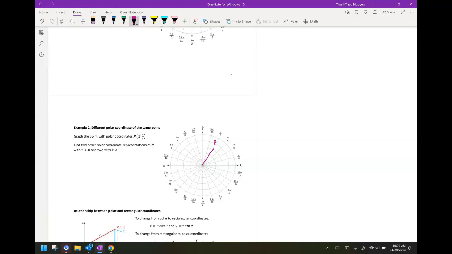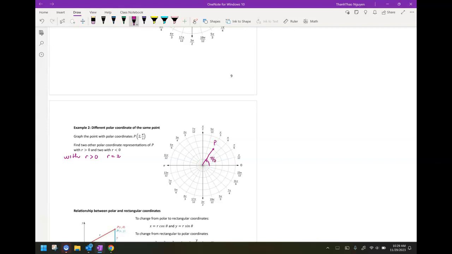So the first one, with r greater than 0, then r is equal to 2. We know this angle here is pi over 3.